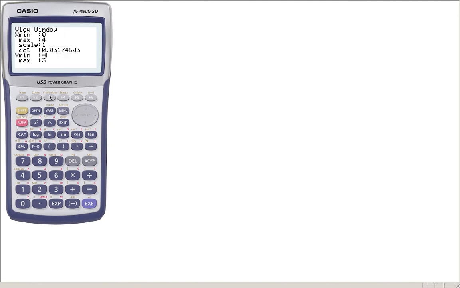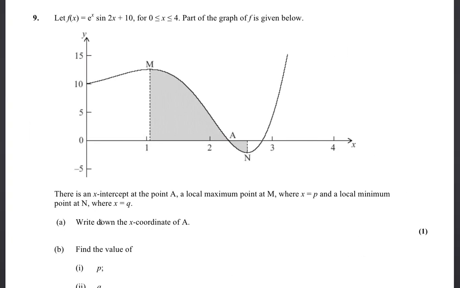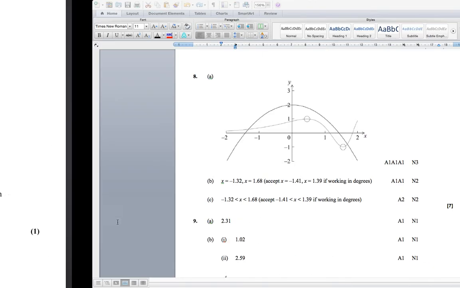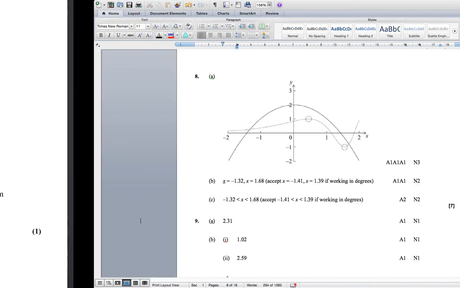You see the graph here. So this is the point A. To find the x coordinate of point A, just G solve and type enter, root f1. So you get 2.31. So the x coordinate of A is nothing but 2.31. Let me cross check. Yeah, that is right, 2.31.